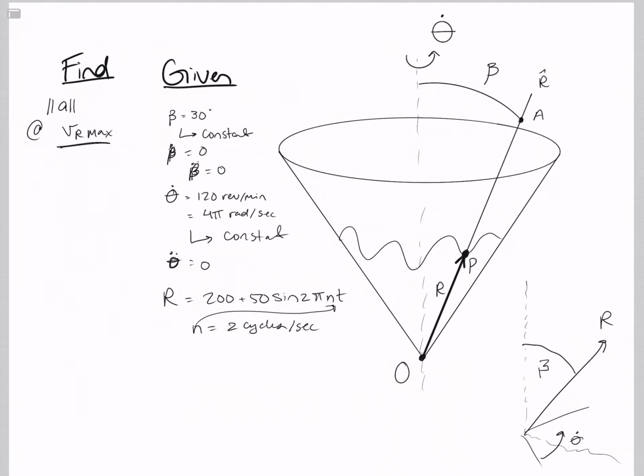And from the problem before, we know that that angle is not along the spherical coordinate system, but you know that phi is. So what you can do is subtract beta from 90, and then you get phi, which is something that will match all of your equations later on. So therefore, we're going to change this and define it as phi equals 60 degrees.